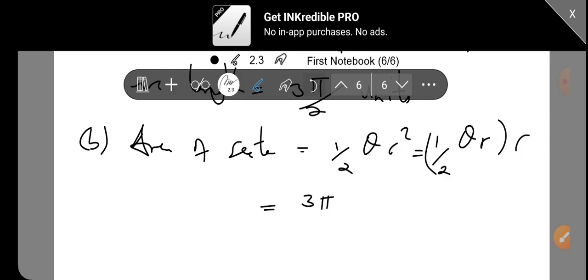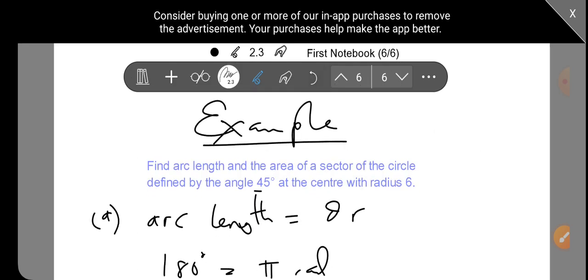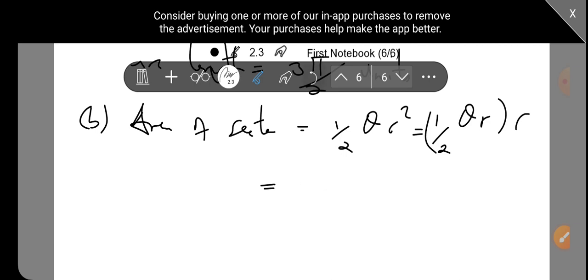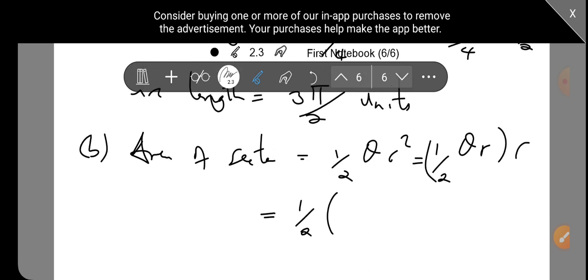So it's going to be half of theta r, that's the arc length, which is 3 pi by 2, times r, which is 6.